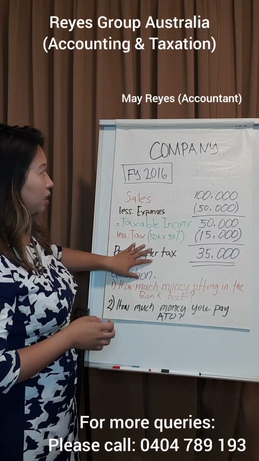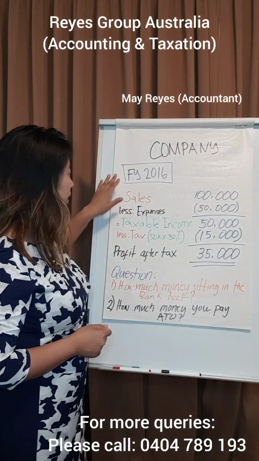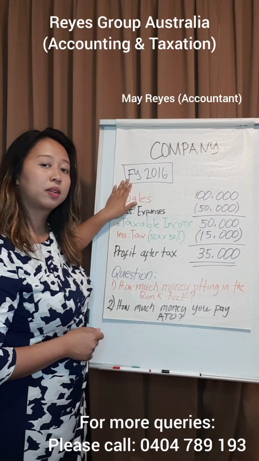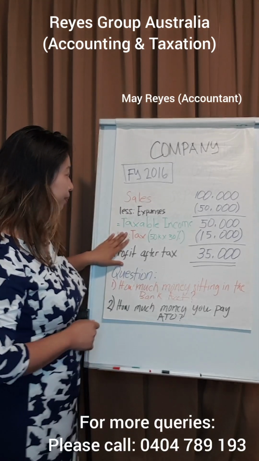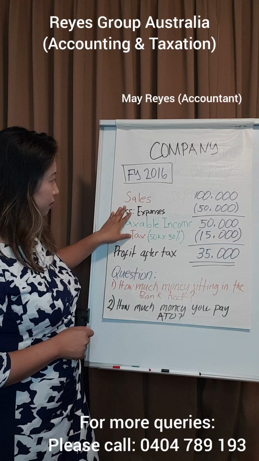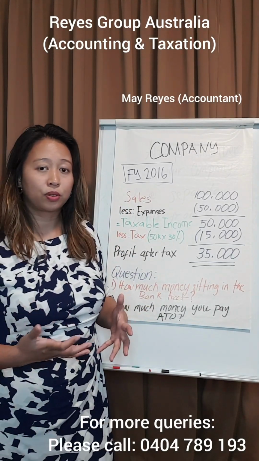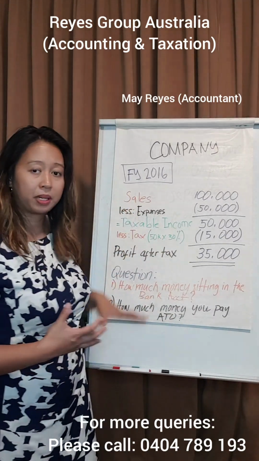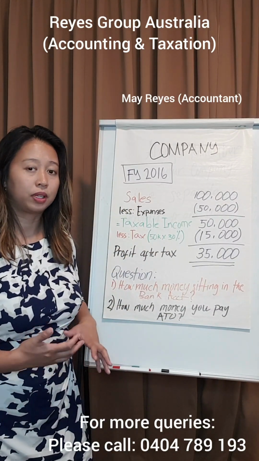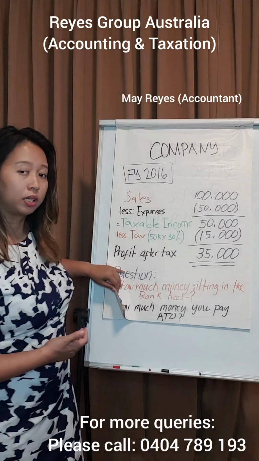So this is a typical company's income statement, and in this scenario, this is way back in financial year 2016. I'm pretty sure some of you already have a better grip and understanding of how the profit and loss statement works. But this is how it is.